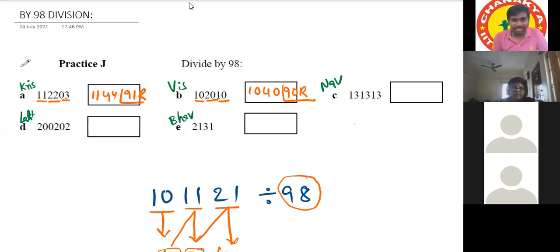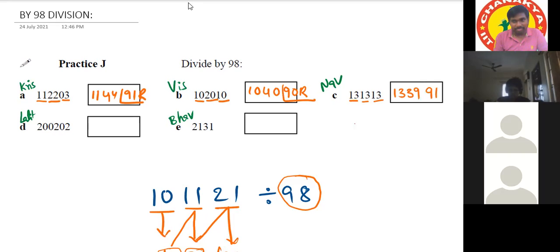Sir, the disturbance is from Navya, sir. Navya. Yes, sir. So first we write 13 as it is. Okay. And then the double of 13 is 26. 26 plus 13 is 39. 39 double is 78. 78 plus 13 is 91.